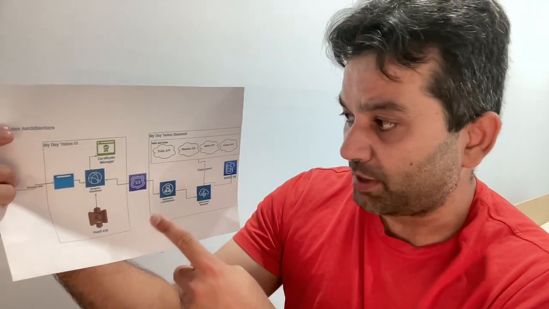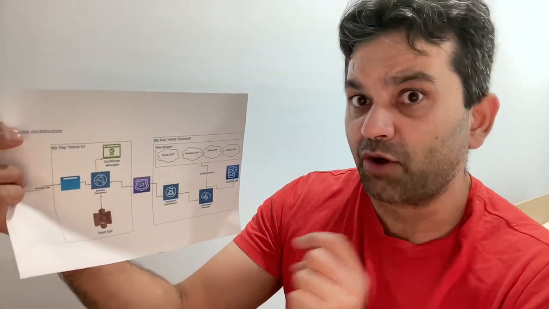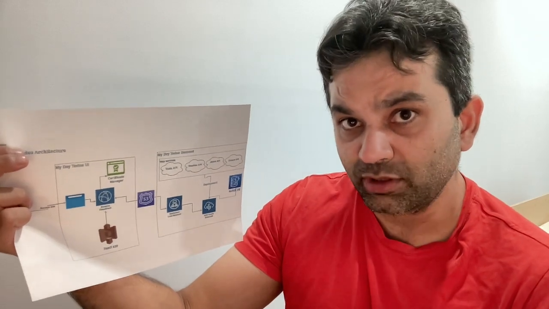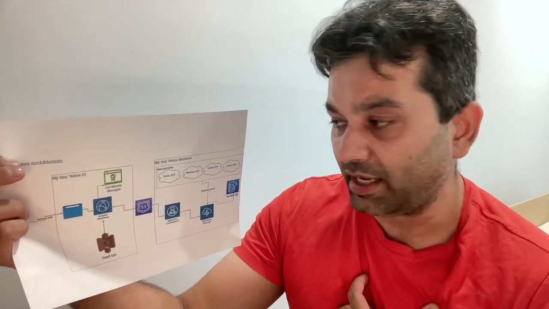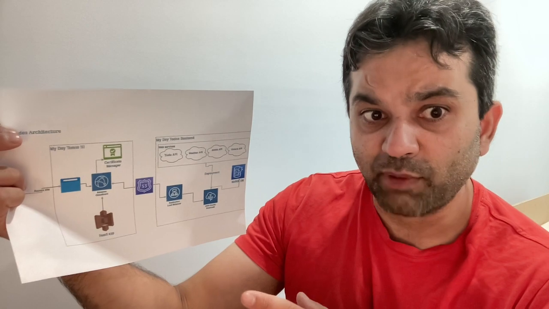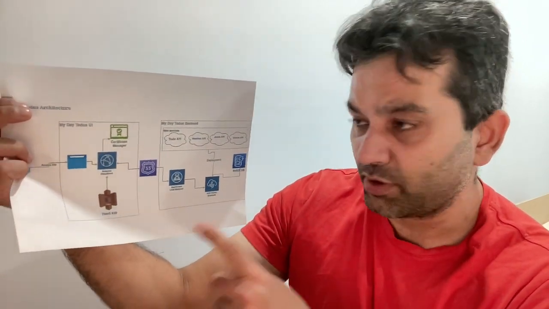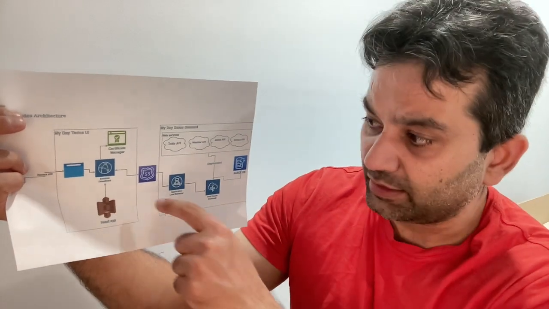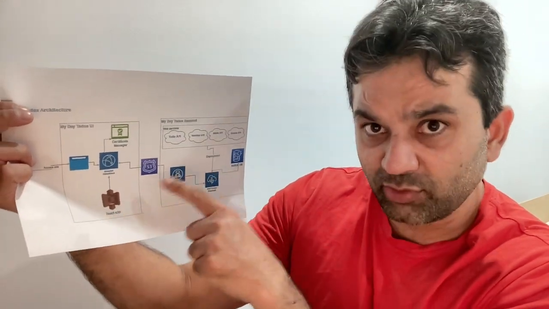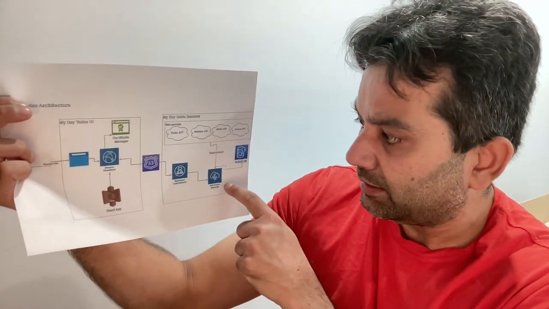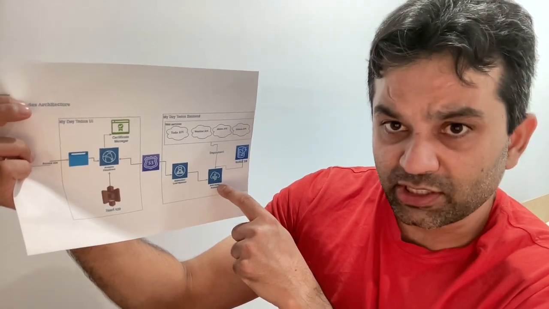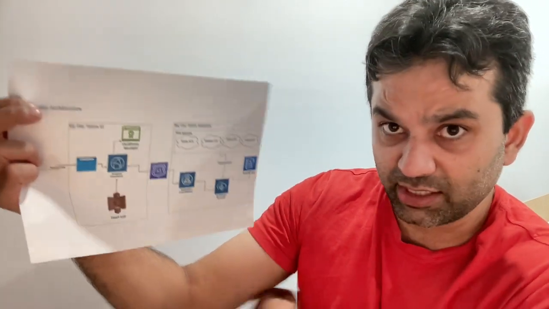In Route 53, I've created a hosted zone for the domain that I have, and at this stage, this is mydaytodos.com, and for that hosted zone, I've created CNAME records that point to the S3 bucket and to the Elastic Beanstalk instance.